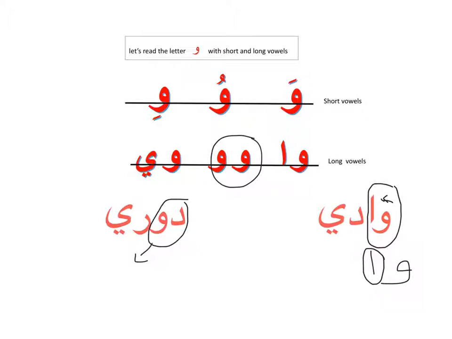So u is definitely its own vowel. So u is the vowel for the letter da. Later we are going to see many words that have the letter wa and the vowel u, and you can learn more about the difference.